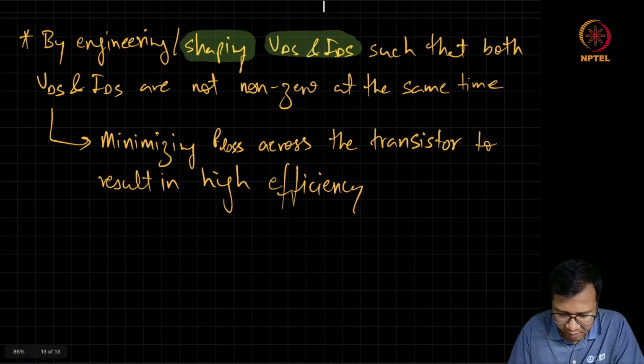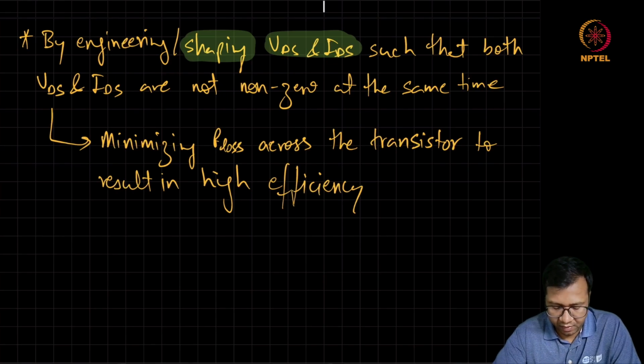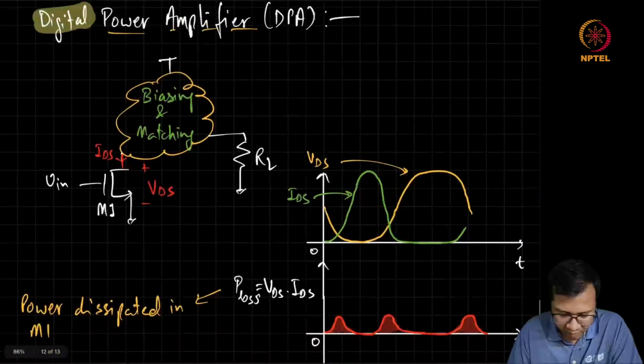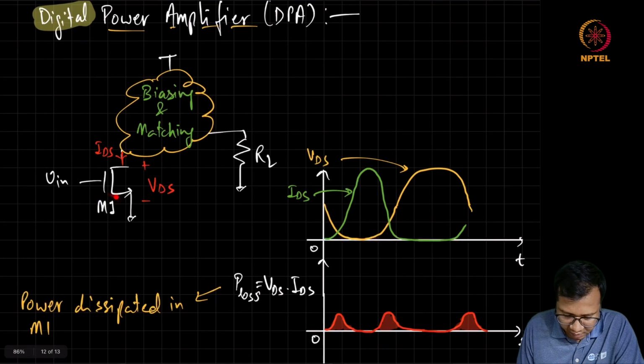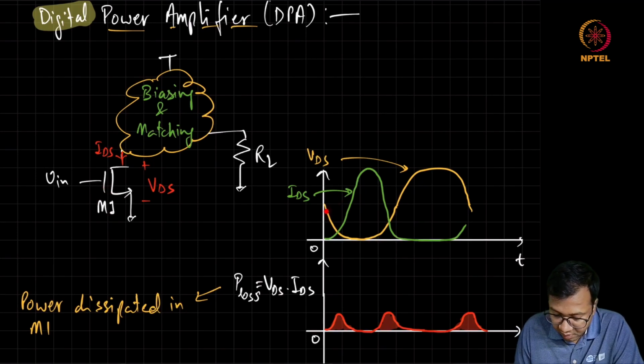By controlling the shape of this VDS and IDS, we obtain different categories of power amplifiers. These are also called switching power amplifiers because if we completely turn on this MOSFET, then we are going to get VDS which is close to zero.